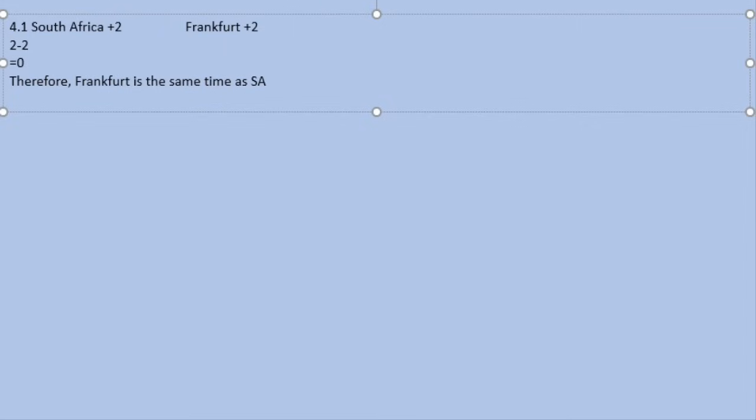So we take that 20 hours that they gave us and we subtract the 10 hours, which is the flying time. Remember that when we're calculating departure time, we are subtracting, we're going back, unlike when we're calculating arrival time, whereby we are adding everything.